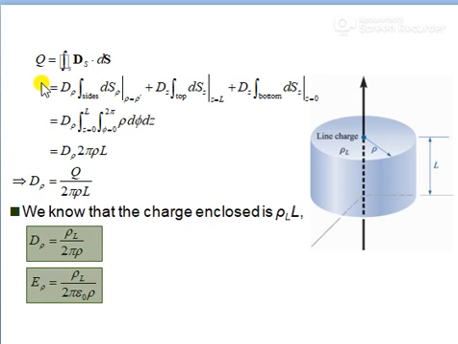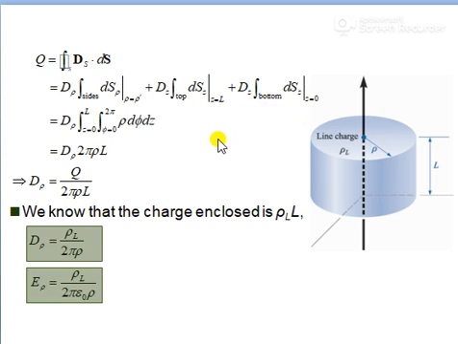Therefore Q is equal to the integration over the surface of D dot dS. So the integration over the sides, at rho equal to rho dash, plus the top, dS z at z equal to L, plus the bottom, dS z at z equal to 0.